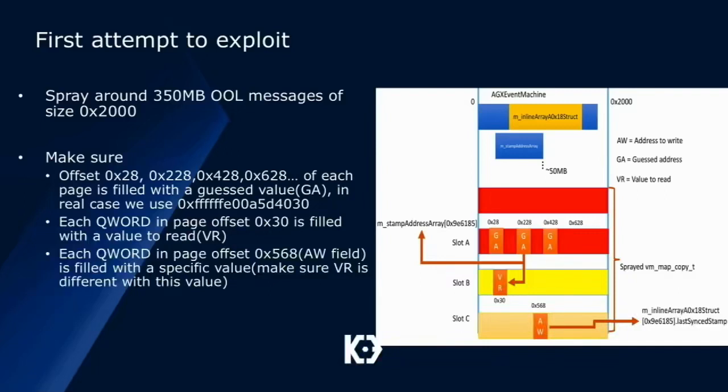Now let's do the first attempt of exploitation. First, we try to spray around 350 megabytes. And the logic is here. The test function will reach the OOB values here, and then it tries to put a guess address onto it and refer to the value of it in slot B. We call it the value to read.